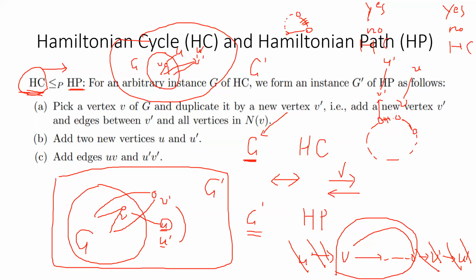So you have many ways to prove this relationship. You can prove it this way, or you can also prove it this way, or like this way. So you have many ways, but you have to prove it to complete this part.